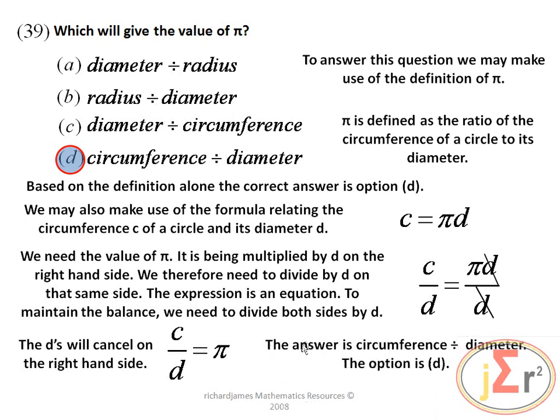The answer is circumference divided by diameter, and this is also represented by option D, and we have confirmed that our choice of option D was correct in the first place.